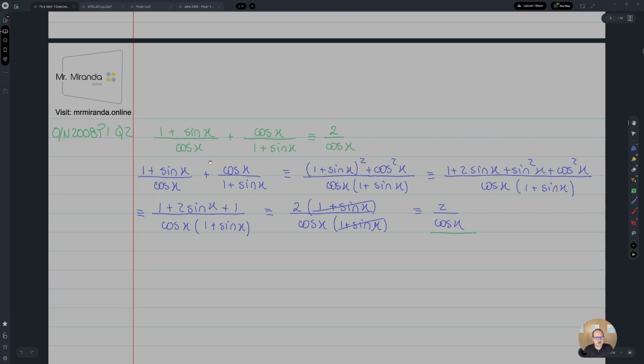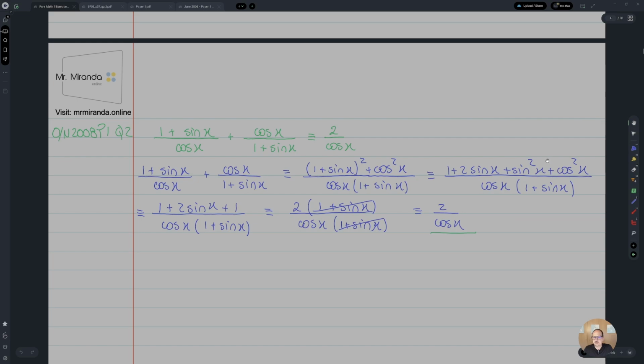Don't forget that your first step should always be just rewriting what you have on the left-hand side, so getting the same denominator. You have here 1 plus sine of x, and you have here 1 plus sine of x, so this is basically 1 plus sine of x squared. From here to here, I just expanded that.